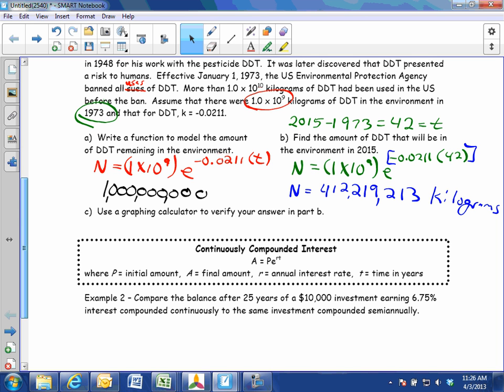What do we have to do? 4.12 today. That's when you double check your answers there.